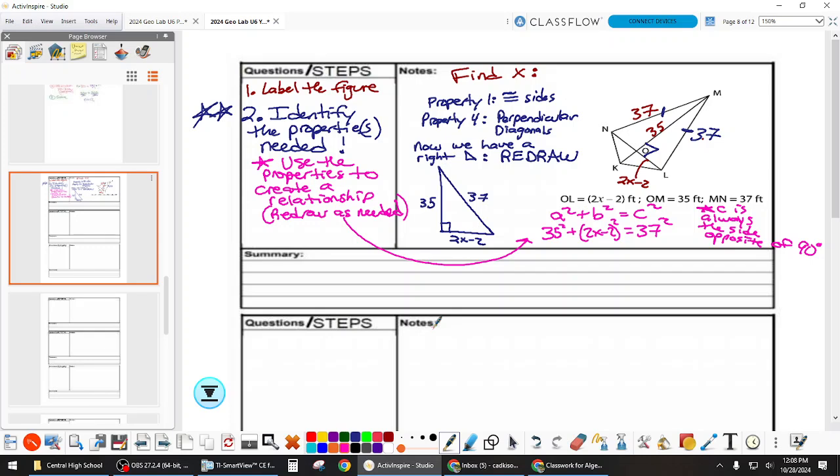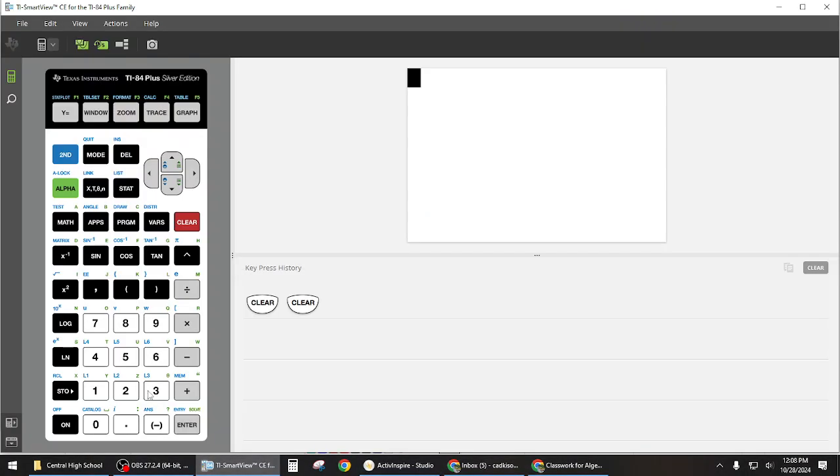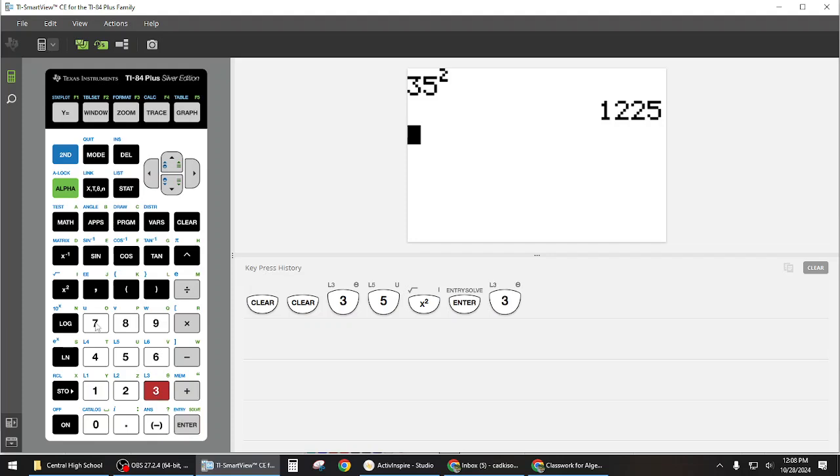How are we going to solve for x when it's trapped inside of parentheses, inside of a square? Gonna give it a shot? Well, we're gonna get a couple of big numbers, 35 squared and 37 squared.